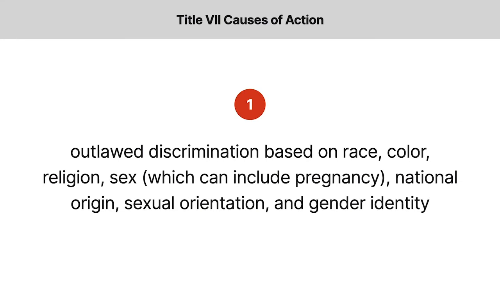An interesting part of the history of Title VII, too, is that initially it was not to include gender and sex as a protected category. Those were actually thrown in an attempt to defeat the passage of the bill, with the thought being that certainly no one would ever pass something that would prohibit discrimination based on sex.